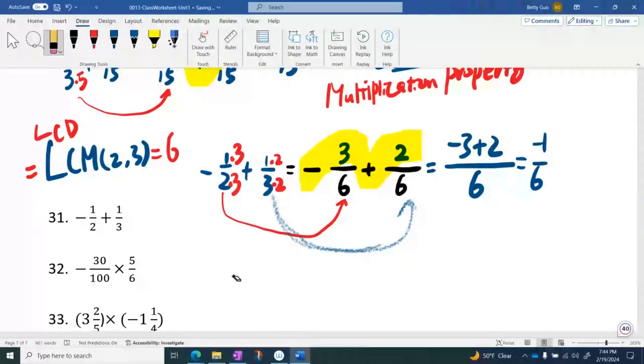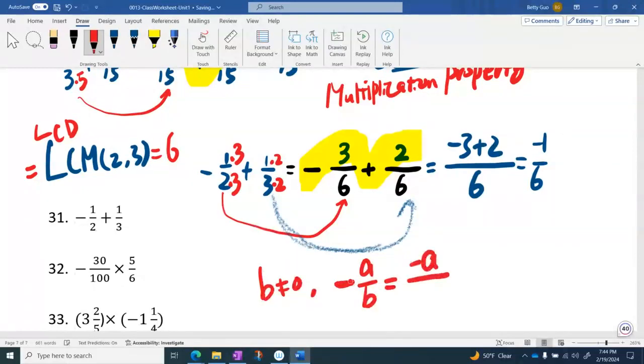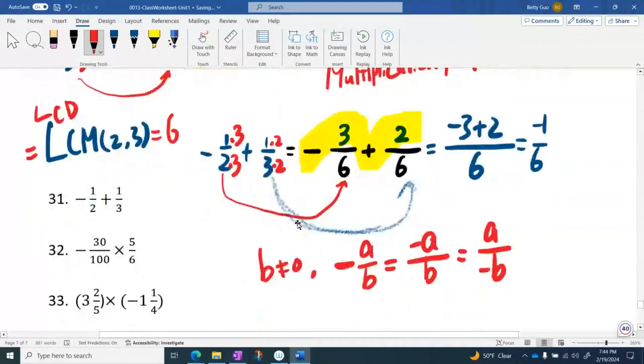And by the way, I want to introduce another formula here. For a fraction, if we have a negative fraction, we can move the negative sign in the numerator or in the denominator. And they are all the same.